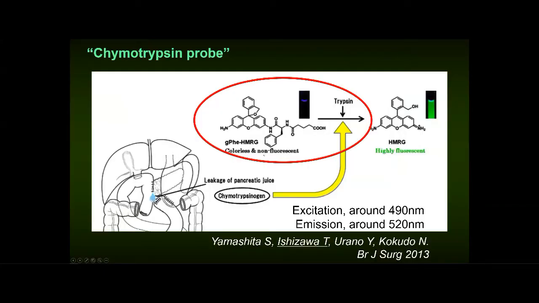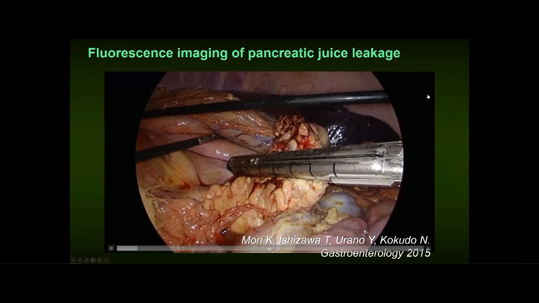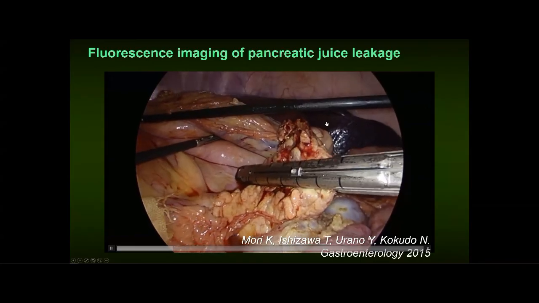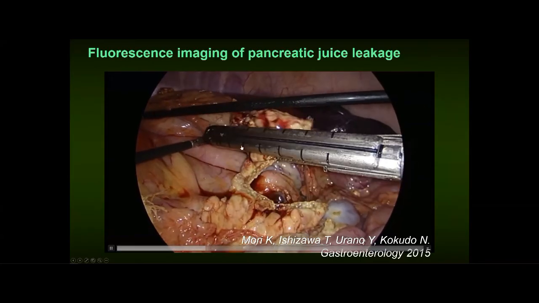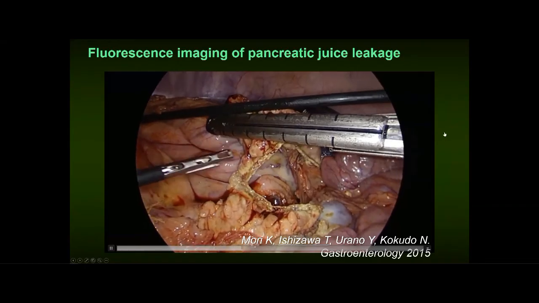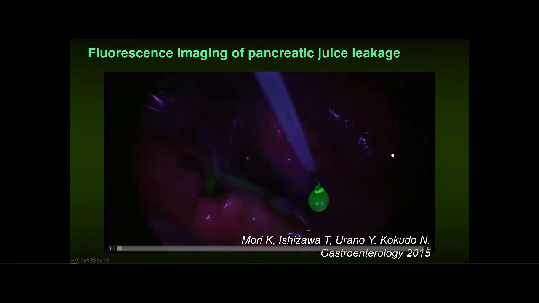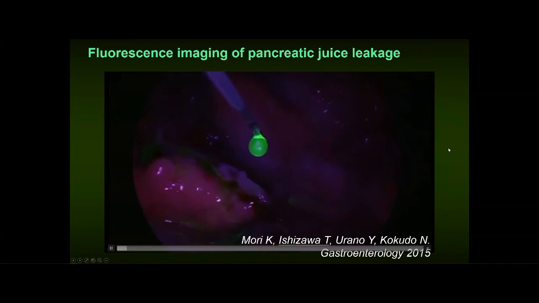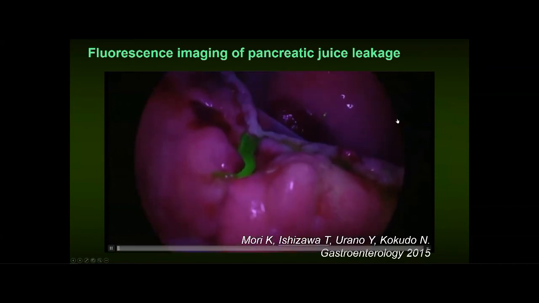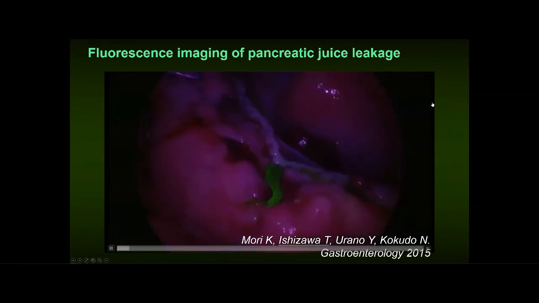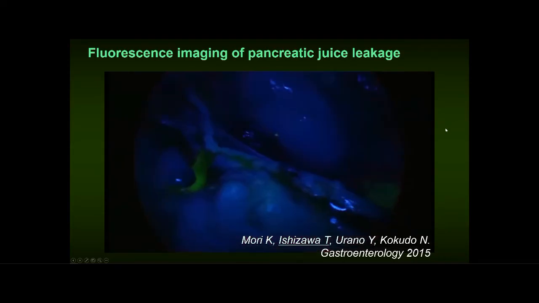This probe is also activated by the pancreatic chymotrypsin and shows really strong visible fluorescence signals. And this is the pig model of distal pancreatectomy, and the pancreas is divided with a stapler device, and this probe is sprayed directly onto the stump of the pancreas. Then here we can see the pancreatic juice leaking from the stump of the main pancreatic duct of the pig.